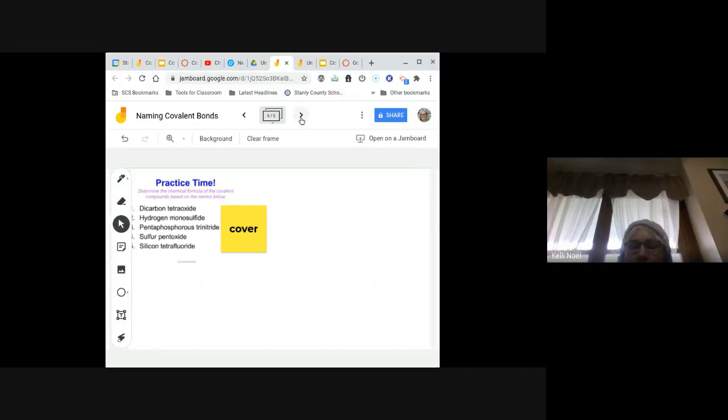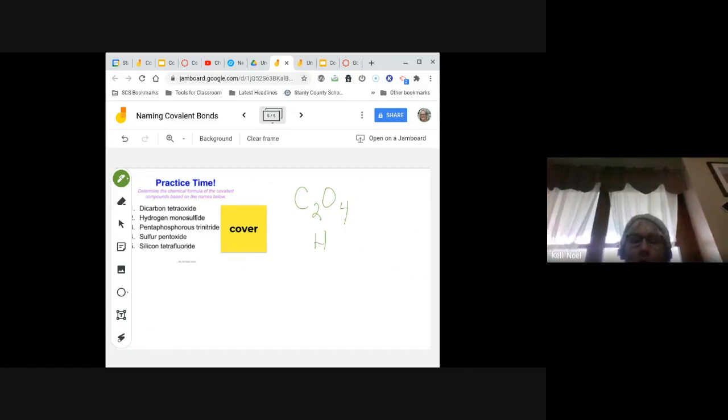So we're going to do some practice ones over here. So let's get my writing tool back. Dicarbon, so carbon, di, so 2. Tetra is 4, so O4. Hydrogen, there's no prefix, so just one hydrogen. Monosulfide is just this right here. Penta, phosphorus, so phosphorus, penta is 5.